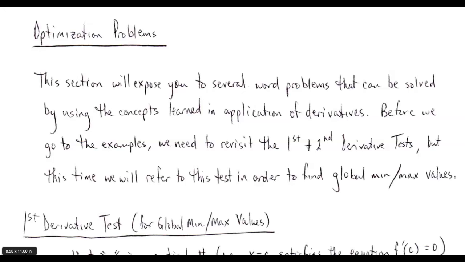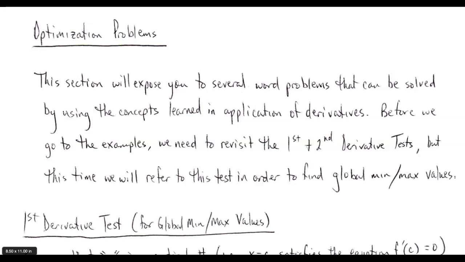Now, for these types of problems, the two main tools that we use are either the first derivative test or the second derivative test. Because in maximization or minimization problems, the main thing that we are trying to find is information about either a local max value, or when a local max happens, or a local minimum value, or when that local min happens.